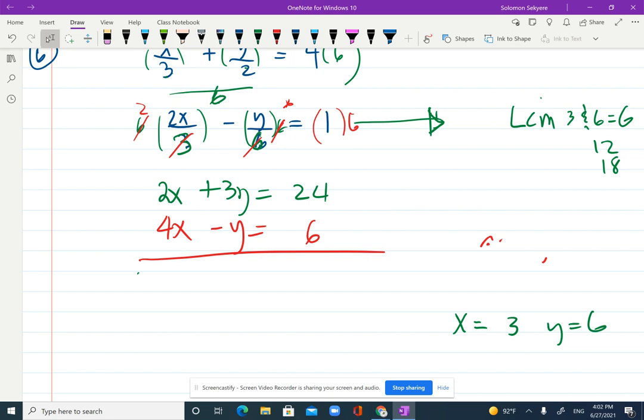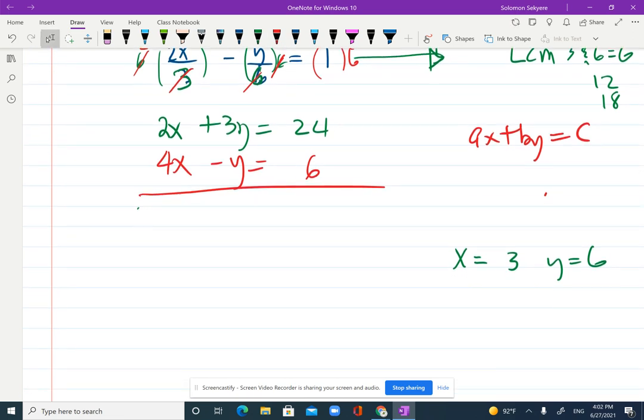So now what do you have? You have the standard form of ax plus by equals c. Okay, now you follow the rules. You need to eliminate either x or y. I look at it.